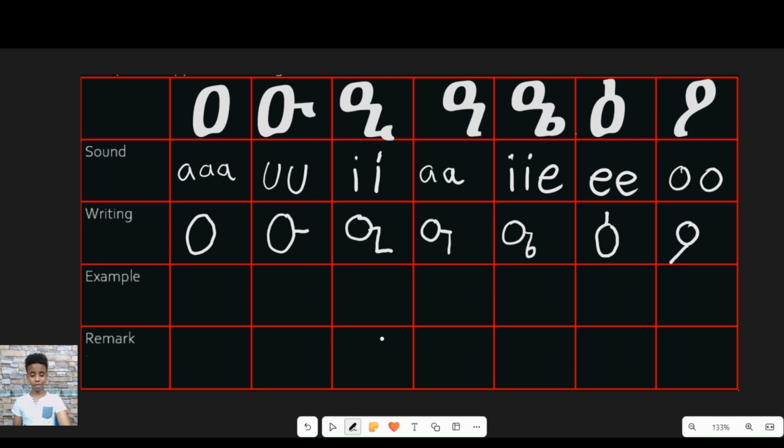My favorite part of this template, the examples. Alright, so our first example is going to be made up of the letter A. And the example we have for the letter A is Kas'a.